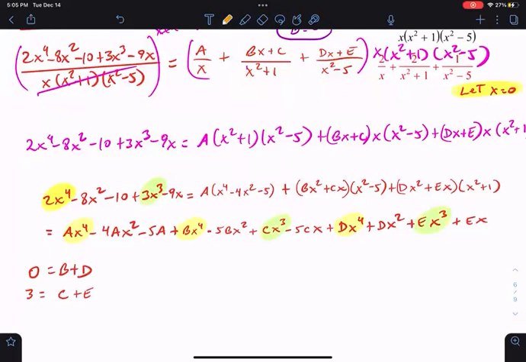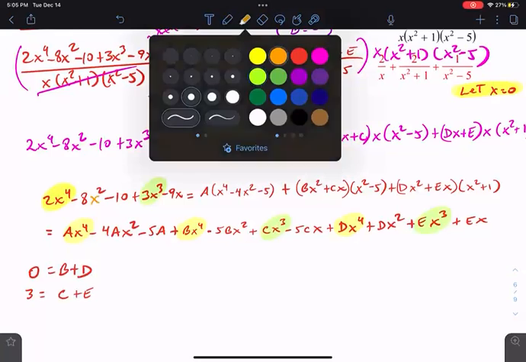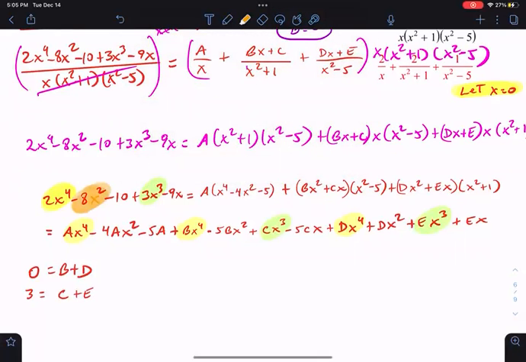Then we have the next one. Then we have x squared. Let's do that, x squared with x squared, right? Okay, so we have -8 equals -4a, -5b, and d, right?